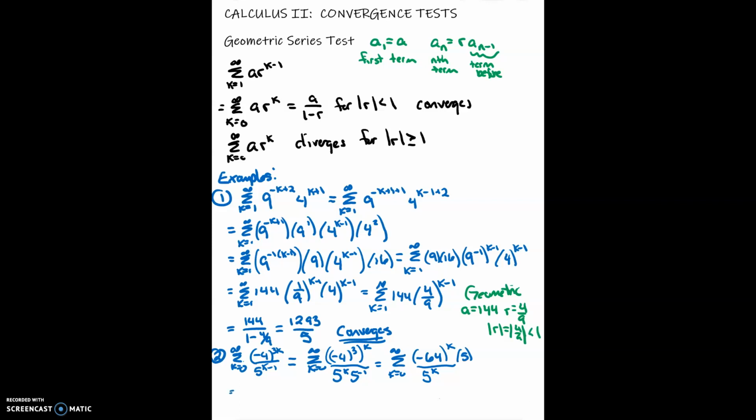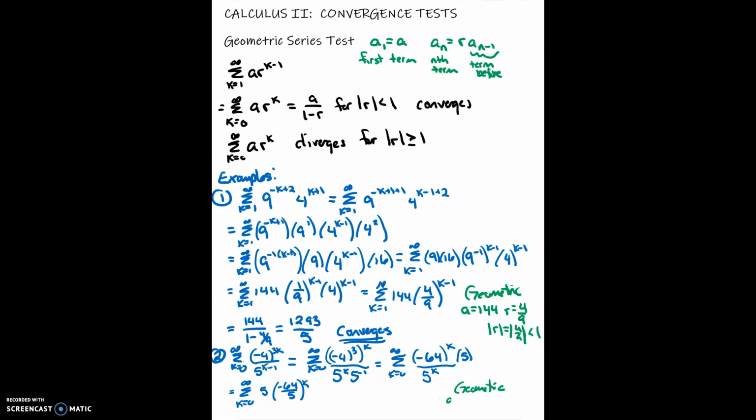All right, we can put some of this together. The sum as k goes from 0 to infinity of, notice the -64 and the 5 are both raised to the k power, so I can put them together. That 5 in the back, I'm going to go ahead and move to the front. And so I have 5 times (-64 over 5) to the k, and look at that, this is geometric.